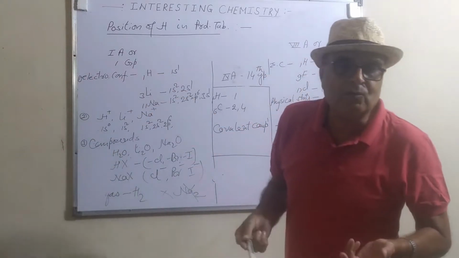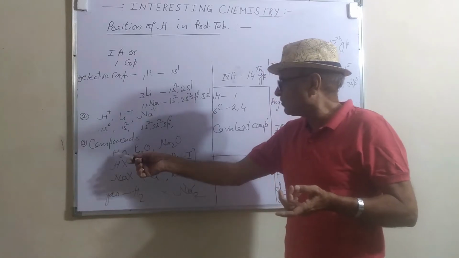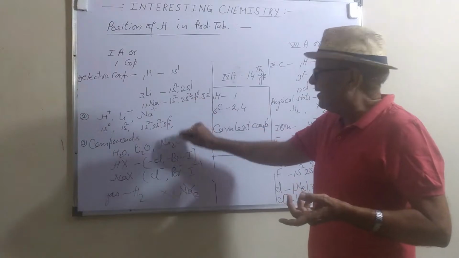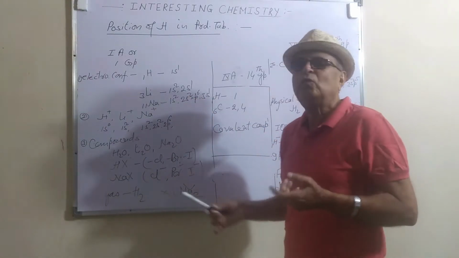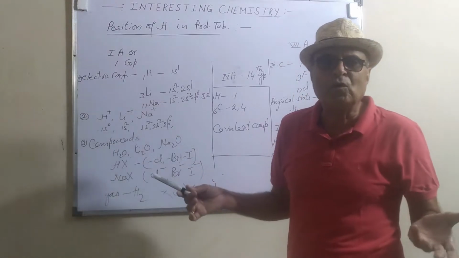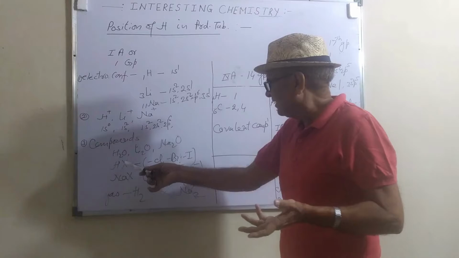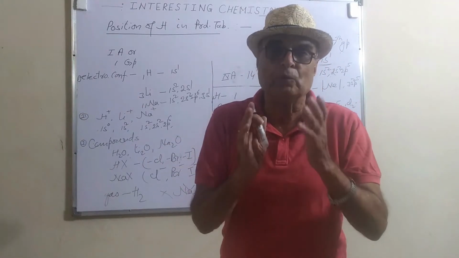The third one is compounds. You will see that the oxides of hydrogen and alkali metals are similar: H2O, Li2O, Na2O. These are the oxides. Then again the halides, HX and NaX. So there is some similarity, no doubt.